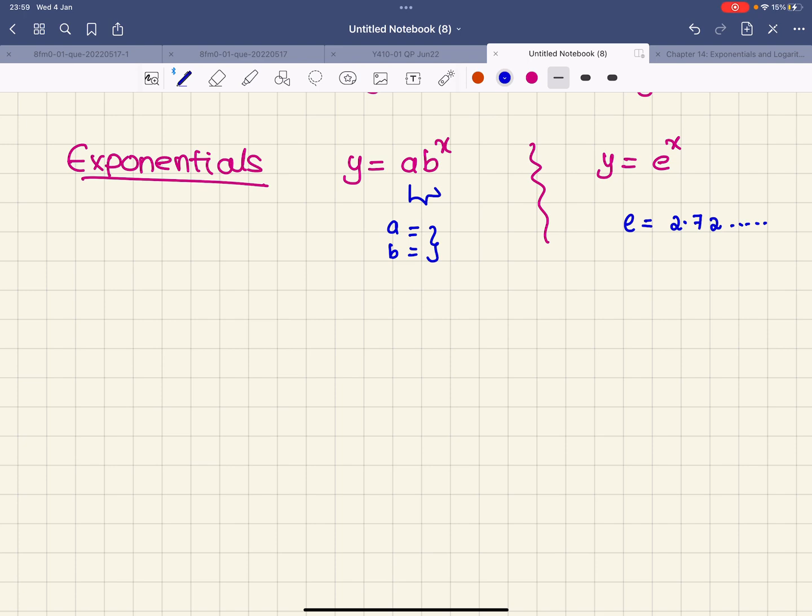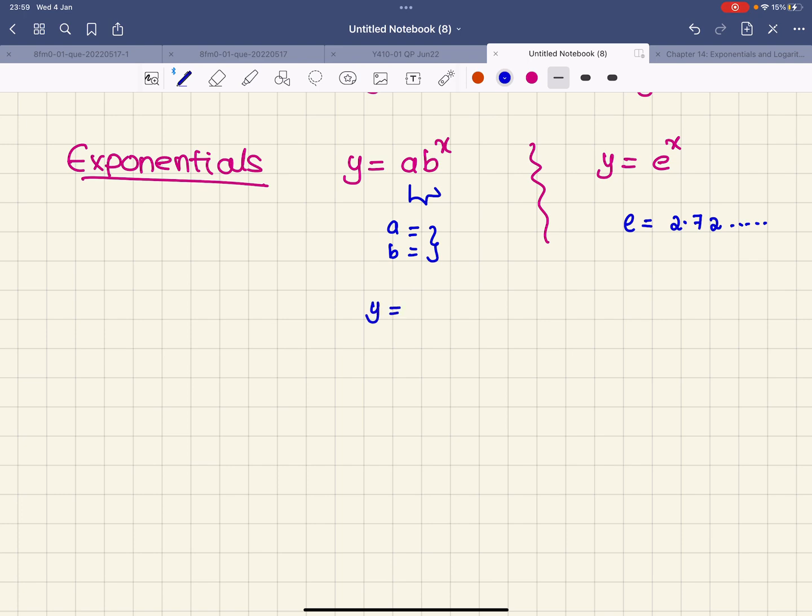We will be looking at e to the power of x graphs. They are exactly the same as the ab to the power of x graph. The only thing is that this e is a specific known value, whereas in ab to the power of x, a and b are unknown, and it depends.